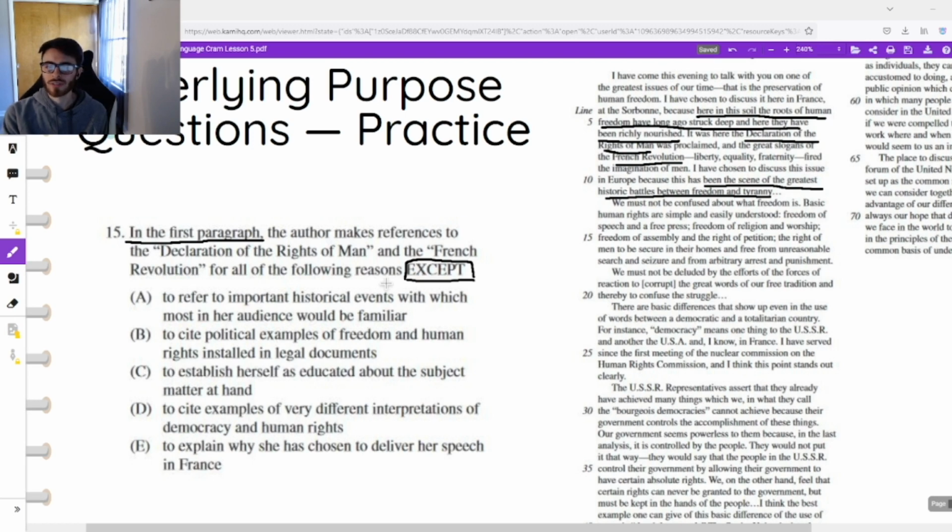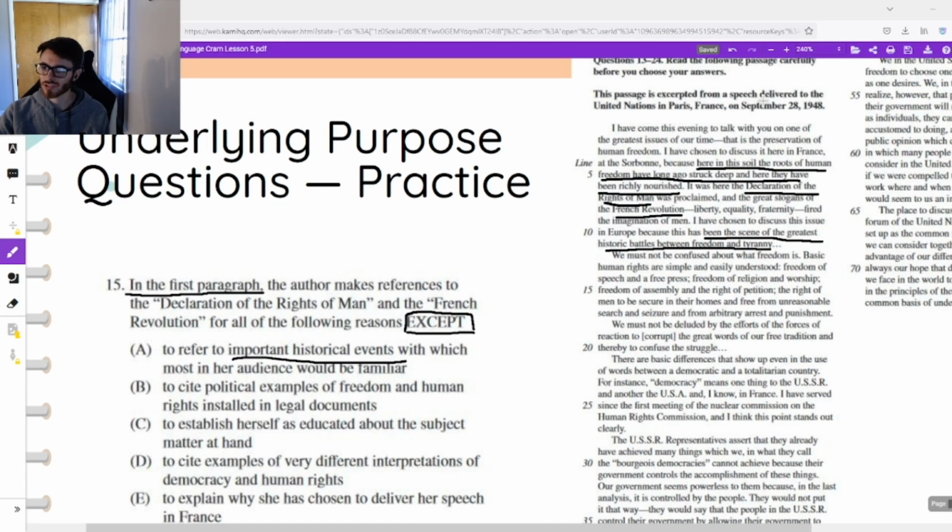So A, The author references the Declaration of the Rights of Man and the French Revolution to refer to important historical events with which most in her audience would be familiar. Okay, yeah, they are important historical events. What is the audience? This passage is adapted from a speech delivered to the United Nations in Paris, France.